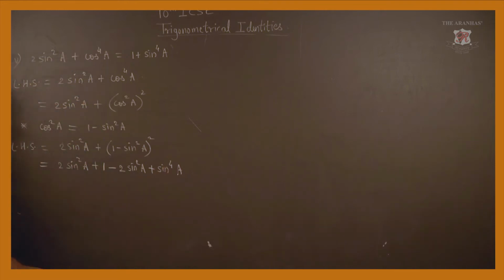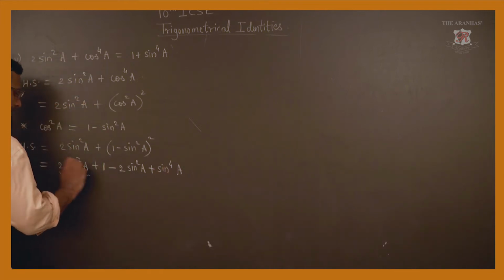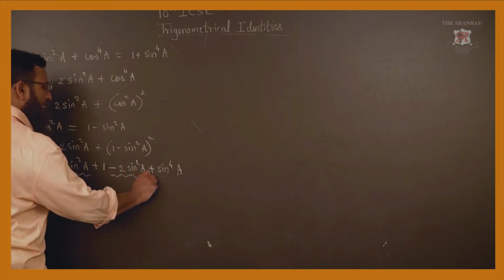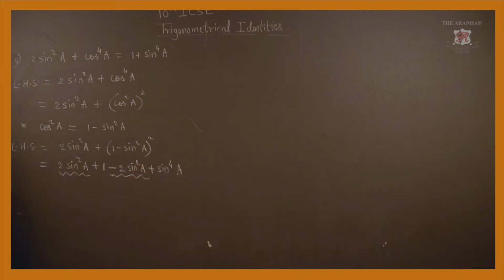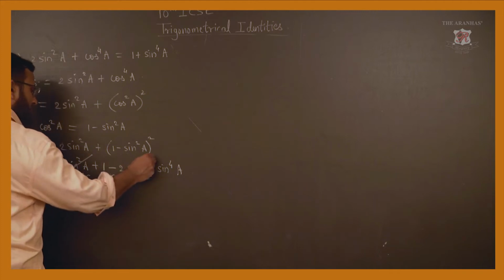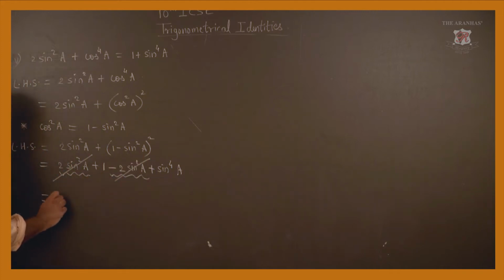It is so easy. Look here, whatever terms I have highlighted, they are like terms with opposite signs. So, they get cancelled out and you get 1 plus sin raised to 4a, which is nothing but our RHS.